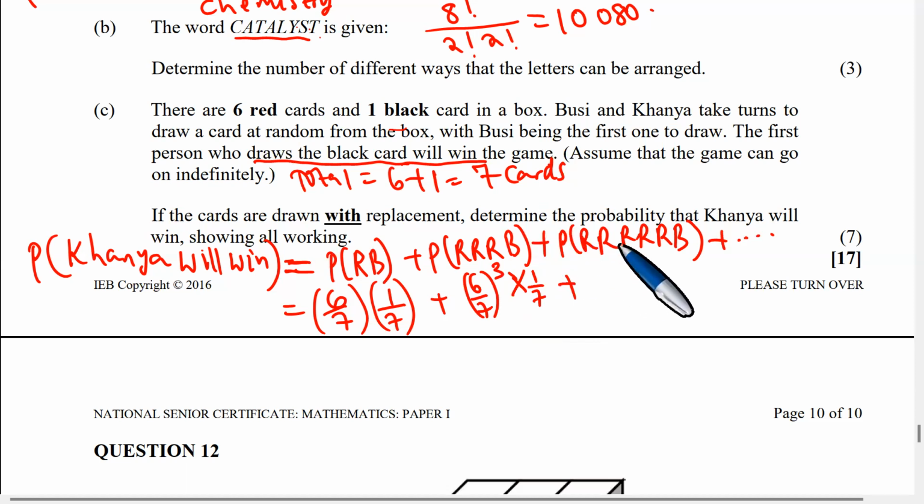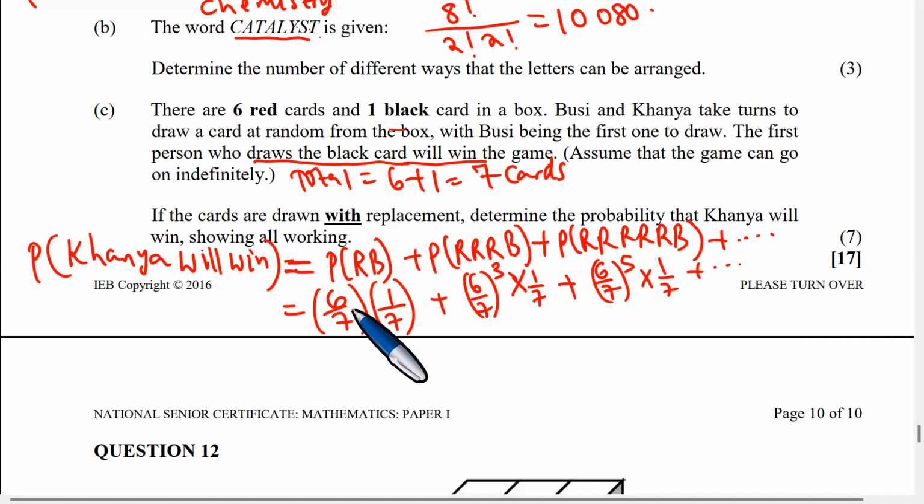If you look at 2, 4, 5, red, 5, 1 black, and so on, what are we saying here? Because Boosie is the first one who starts, and Kanye draws second.